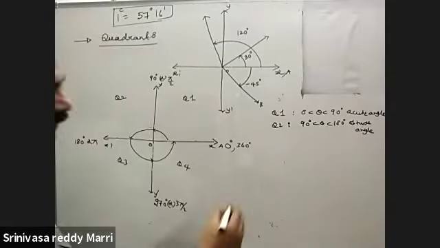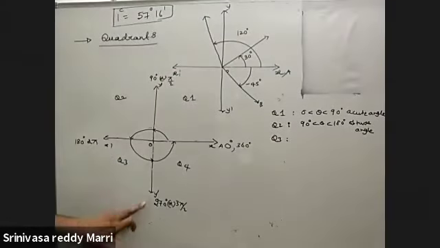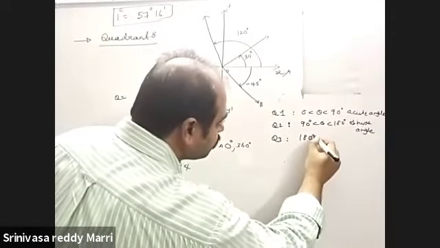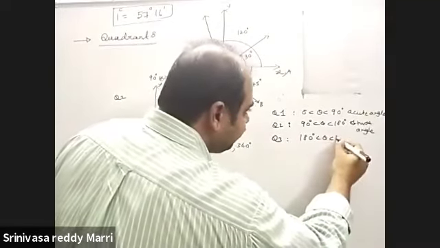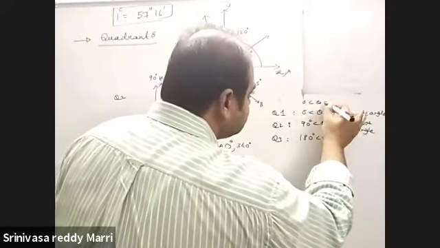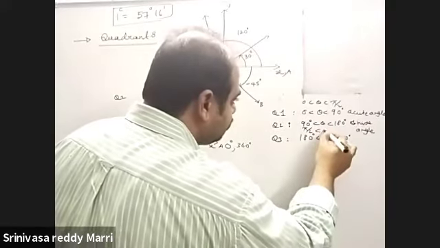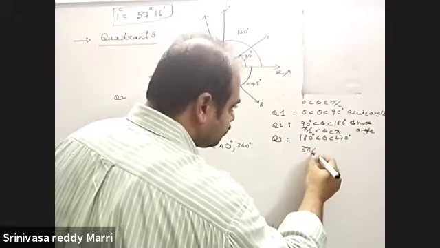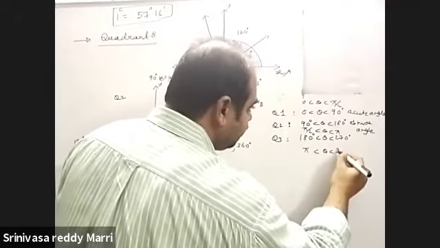Whatever angle we take between 90 and 180, the terminal ray will come in quadrant 2. Let us say quadrant 3: look at this ray and this ray, between 180 and 270. In radians, the first quadrant is 0 to pi by 2, the second is pi by 2 to pi, the third is pi to 3 pi by 2.